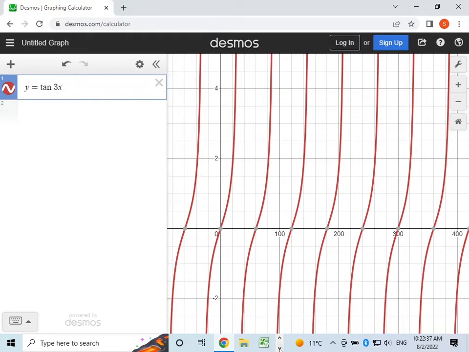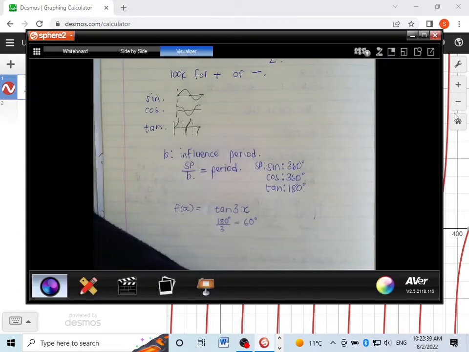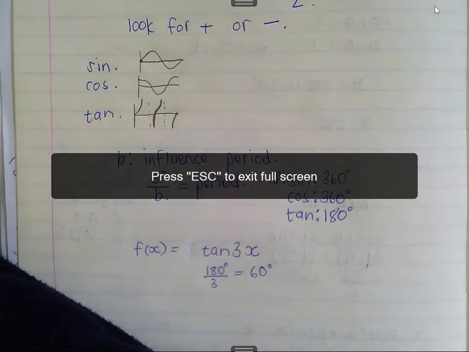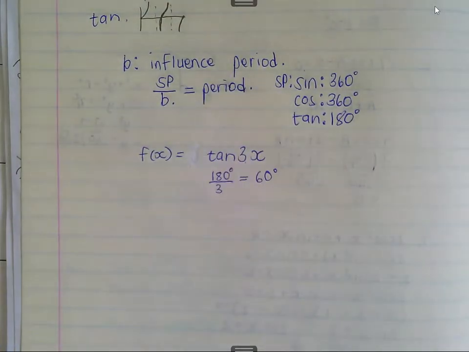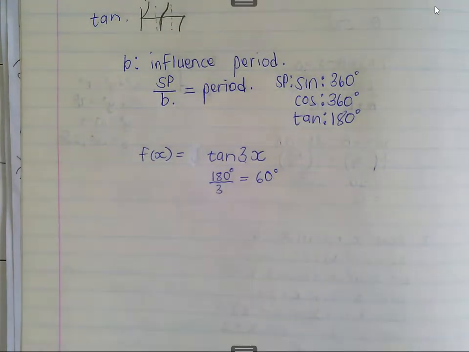Okay. Now, why the period is very important is because of the critical points. The critical points of the graph is where it's turning and where it cuts the axis. So now, if the period is 360 degrees, look at the standard sin here on the board. It starts at 0.